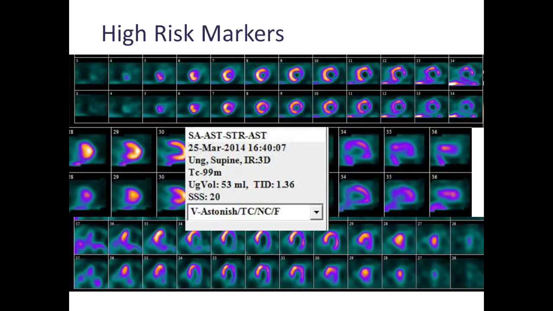Looking at some of the more quantitative assessments on the next slide, we can see that she has high-risk markers. She has a sum stress score of 20, which would put her in a high-risk category of a large amount of ischemia, and she has a TID, or transient ischemic dilatation ratio, of 1.36, suggesting that the heart appears to dilate on stress due to a reduction of global subendocardial blood flow.